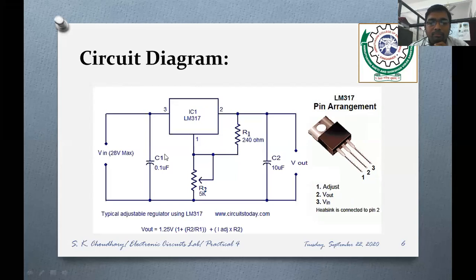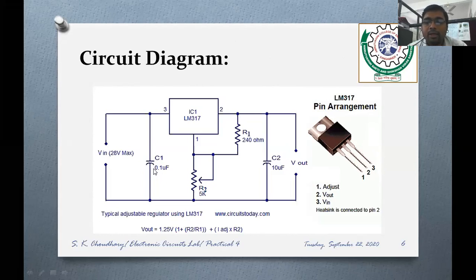Here you can see the filter, where we have 0.1 microfarad. You can separately use a filter capacitor also. Sometimes the filter or the rest of the components of the power supply are far away from the adjustable voltage regulator IC.